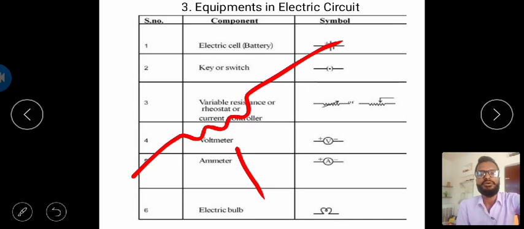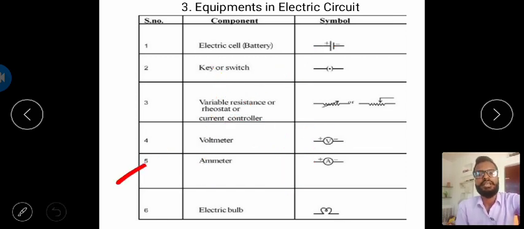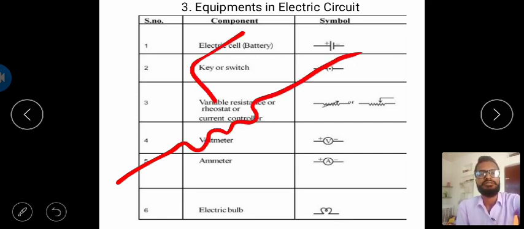The symbol of rheostat is like this, and it is represented as RH. We can also represent the rheostat like this. This is also the symbol of variable resistance or rheostat.